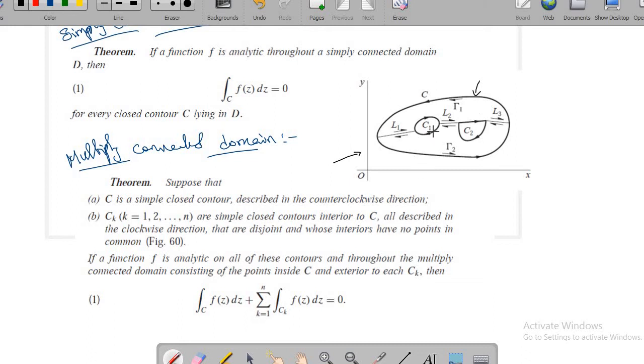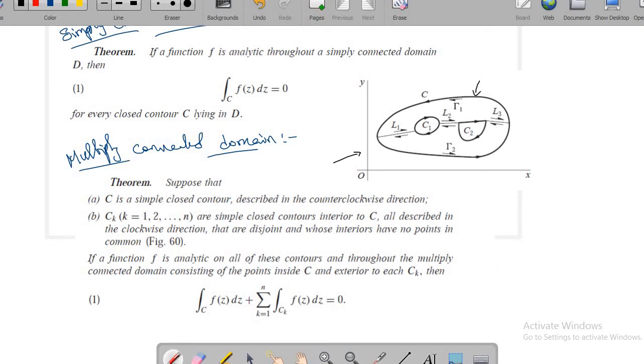Inside it you have subcurves, and each curve is a simple closed contour, which is totally interior to C. For example, C1 is interior to C and C2 is interior to C. Here C is traversed in the anti-clockwise direction, whereas the Ci are traversed in the clockwise direction. If the outside curve orientation goes this way, the inside curve orientation goes in the opposite direction.